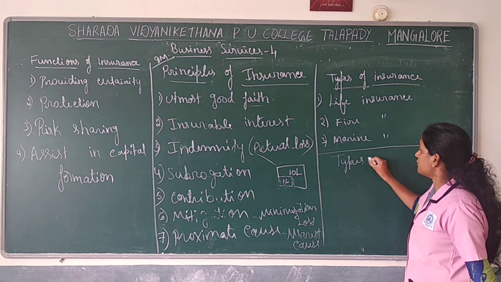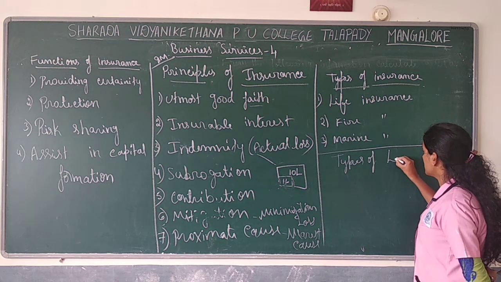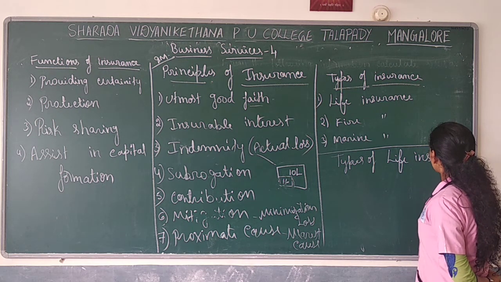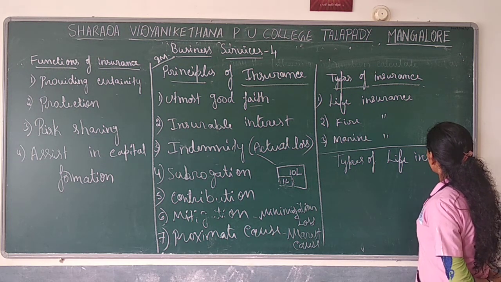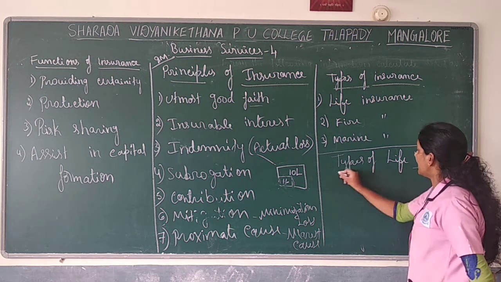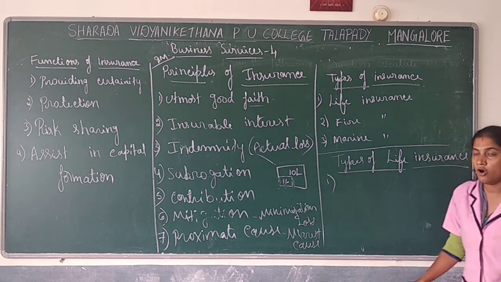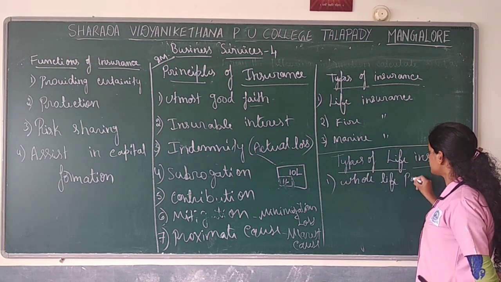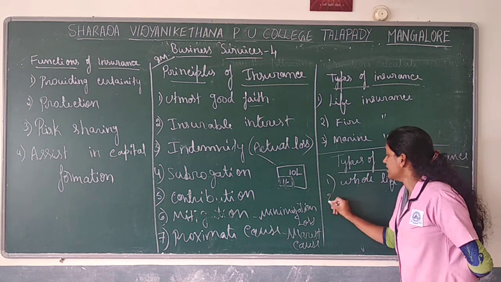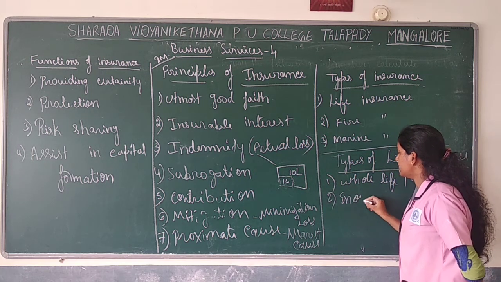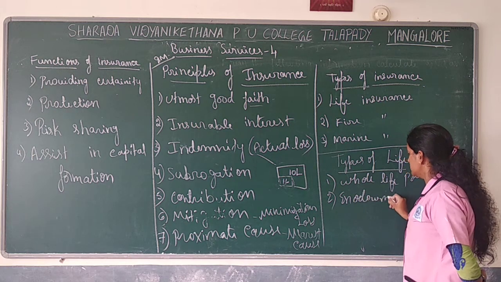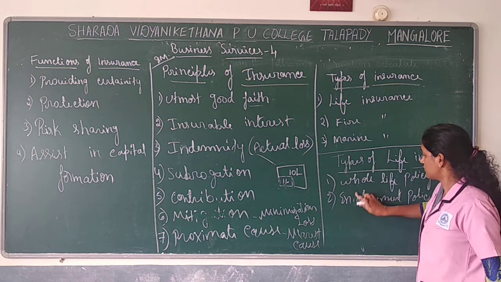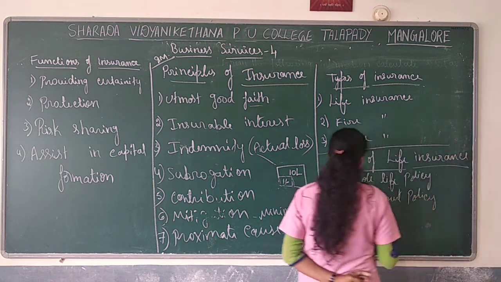Types of life insurance. First one, whole life policy. Second one, endowment policy.